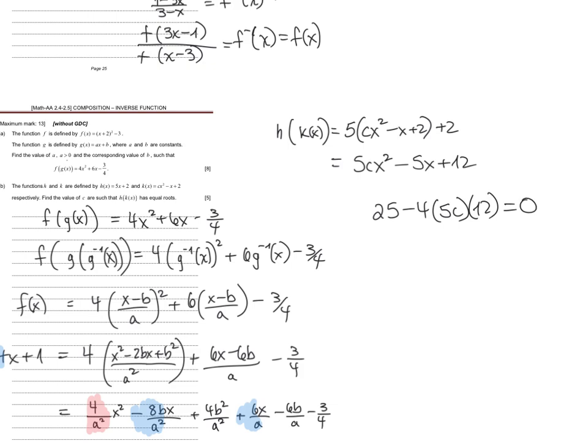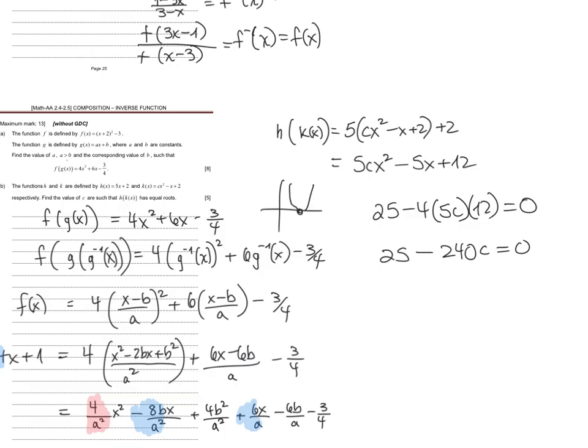Equal roots means one root, basically, because remember it's like that. Okay, roots on the line. So we've got that 25 minus 20c times 12 is 240c equals 0.